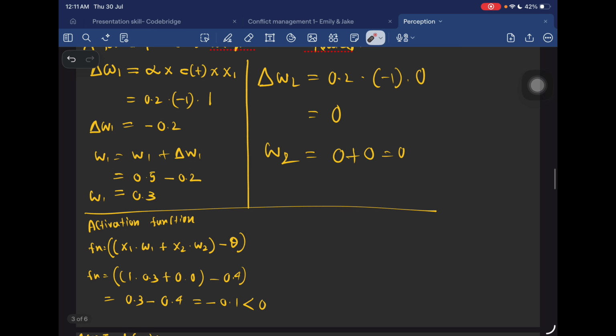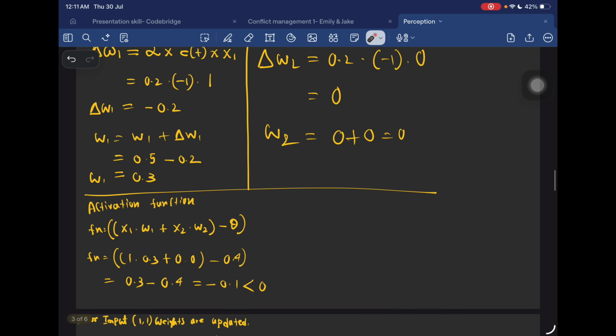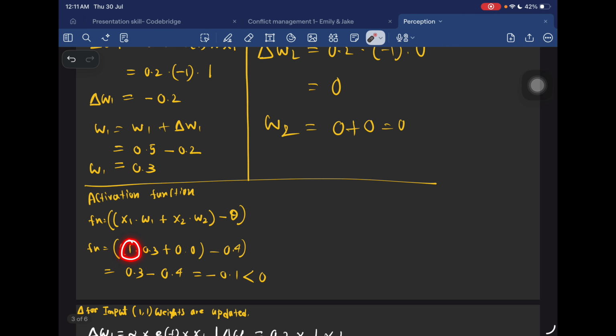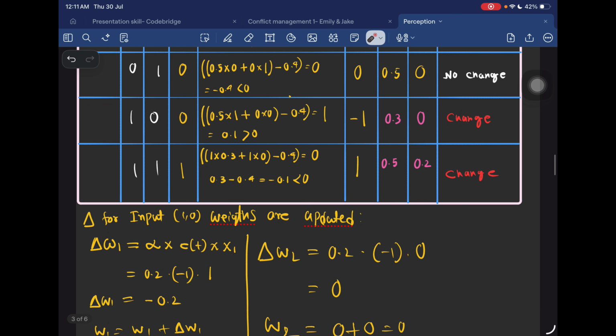Then for the activation function, we write the first feature 1 and its weight 0.3, plus the second feature and its weight 0, minus 0.4. Then the value is 0.3 minus 0.4, obviously minus 0.1, which is less than or equal to 0, so it is considered as 0. Okay. So here our weights are 0.3 and 0.